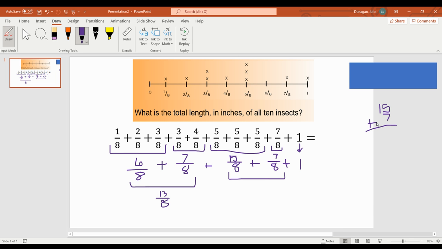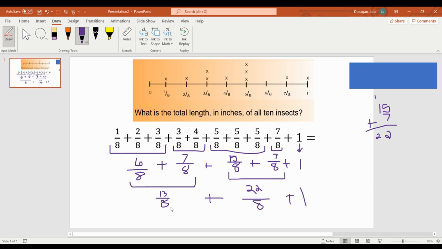Add those together. 5 plus 7 is 12. Regroup my 1. 1 plus 1 is 2. 15 plus 7 is 22. So here we have 22 eighths. And then don't forget about our 1 because we don't want to leave him hanging by himself.